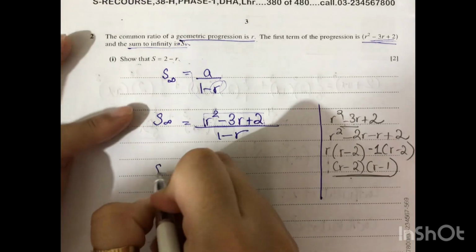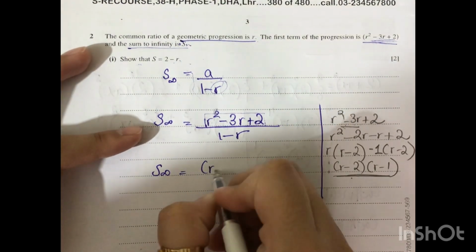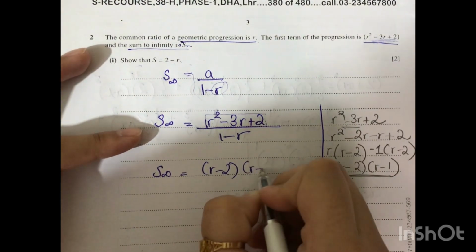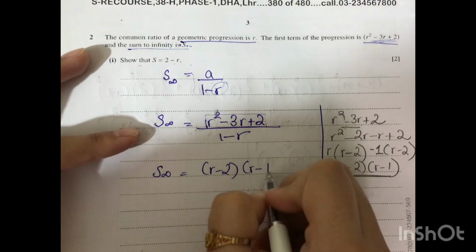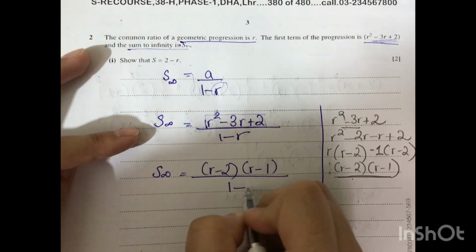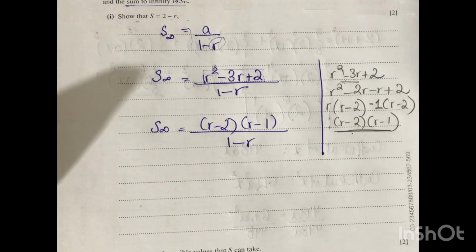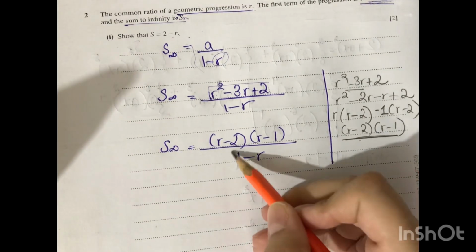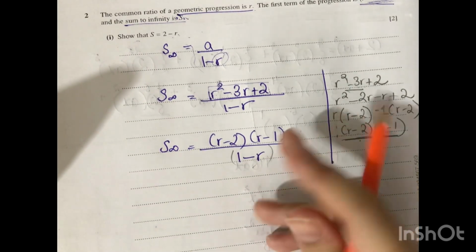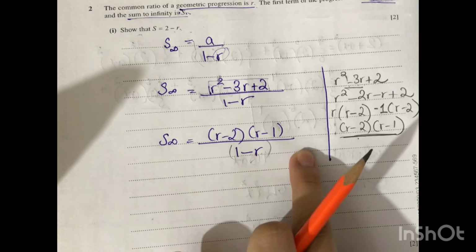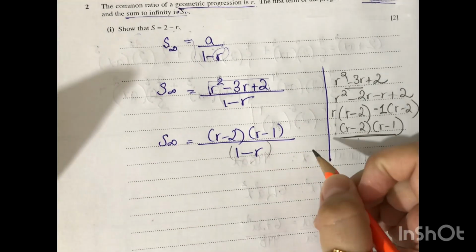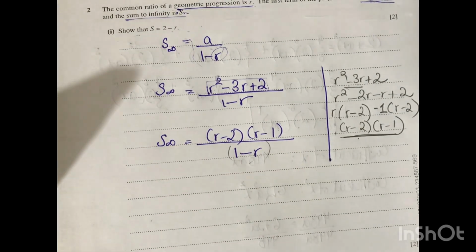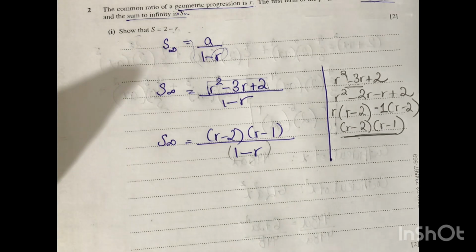So we can write r squared minus 3r plus 2 in this way. Now when we rewrite it, we get r minus 2 times r minus 1 over 1 minus r. Now we can see that we can only cancel out both these factors if this becomes r minus 1. So the way we can do that is to multiply minus 1 with both the numerator and denominator.